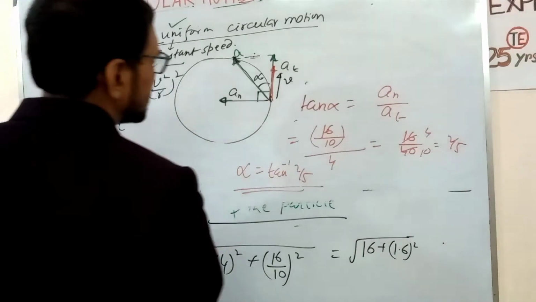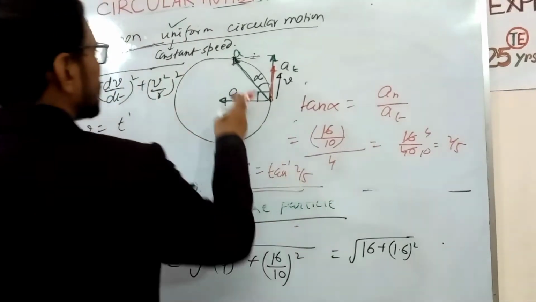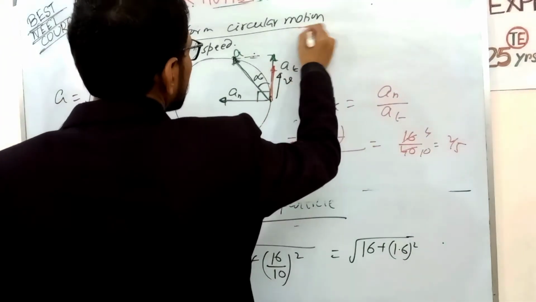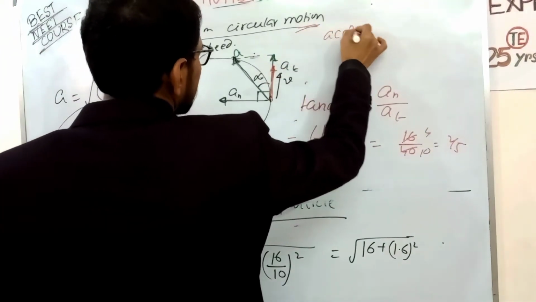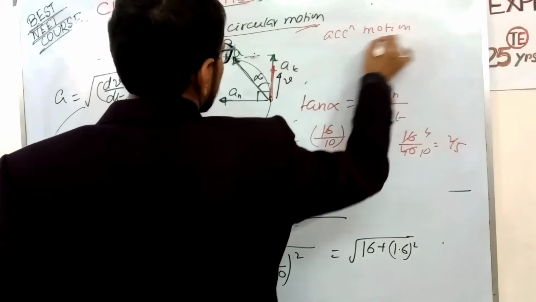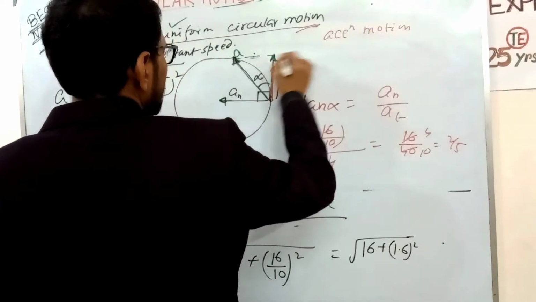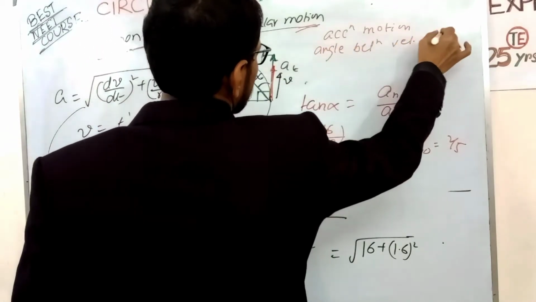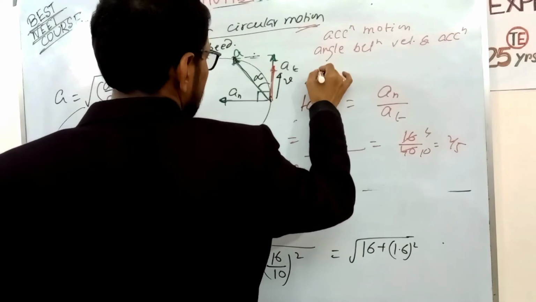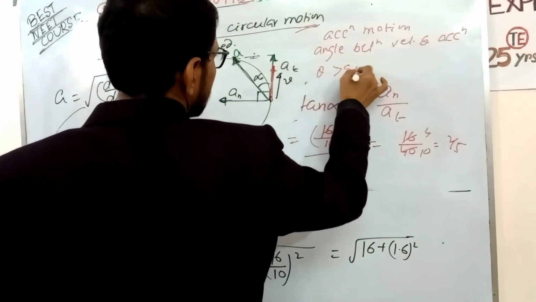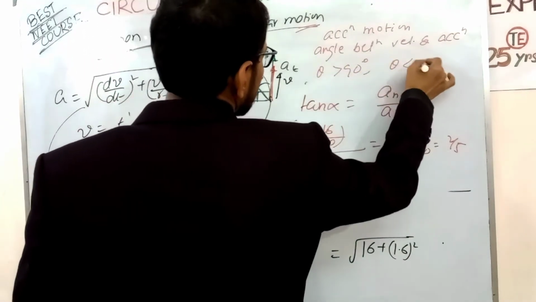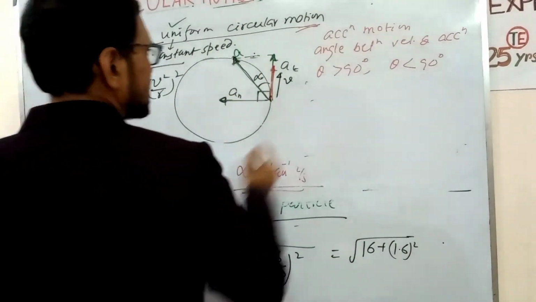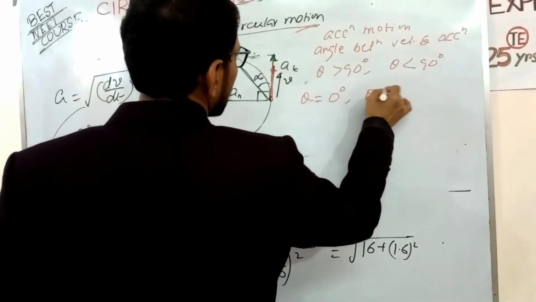And if the question comes for a non-uniform accelerated circular motion: the angle between velocity and acceleration, theta greater than 90 degree is one option, theta less than 90 degree, theta equal to 0 degree, theta equal to 180 degree.